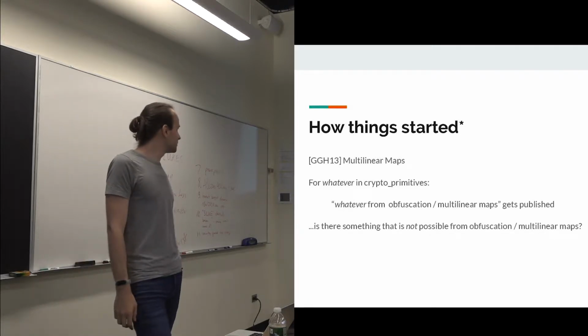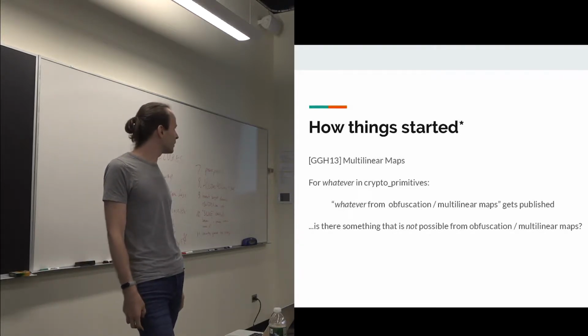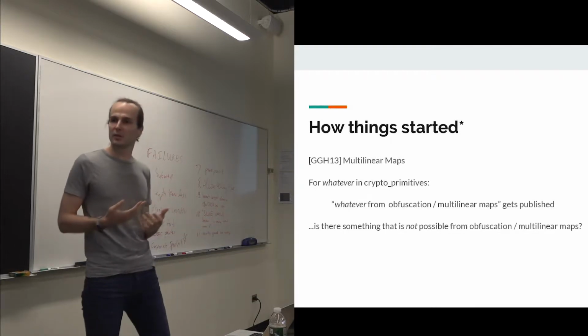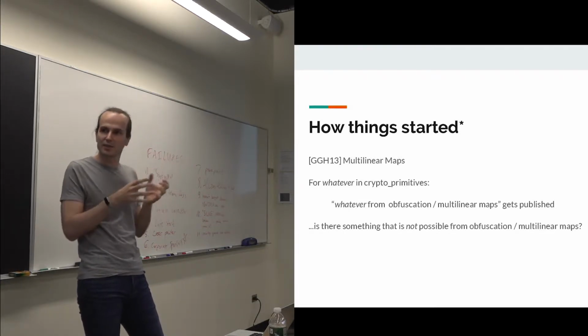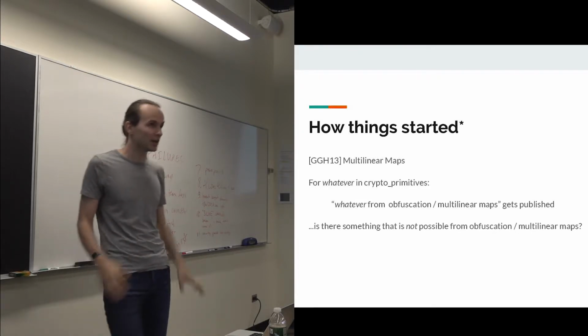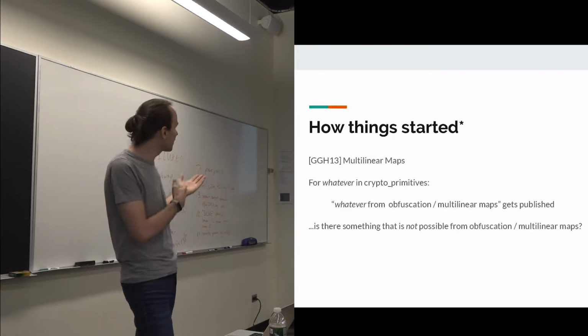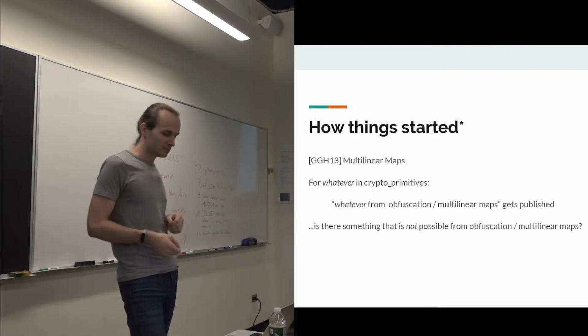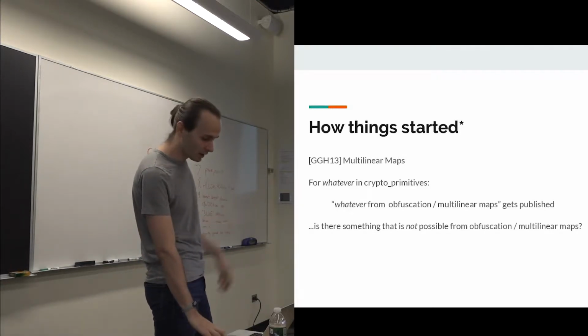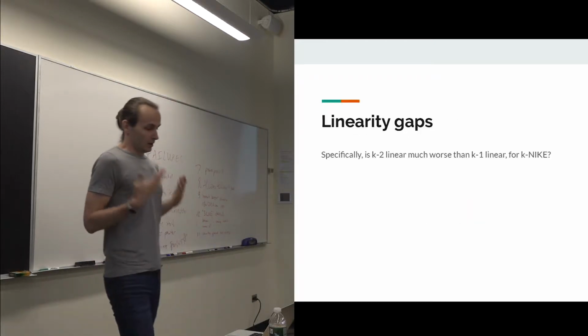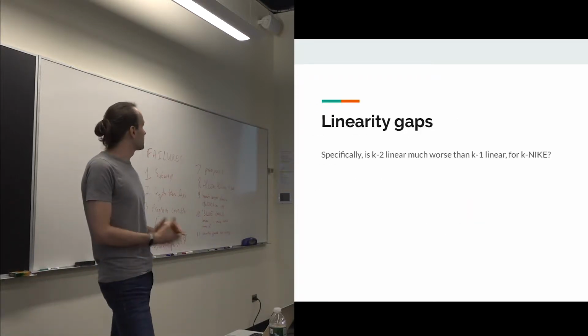One of the things we were thinking was, what about obfuscation for a small class of circuits or functions? Can you do it without them? Another angle is this paper: do we really need that level of multilinearity for non-interactive key exchange?